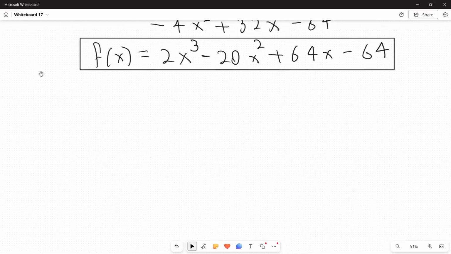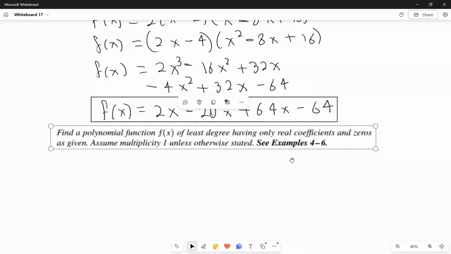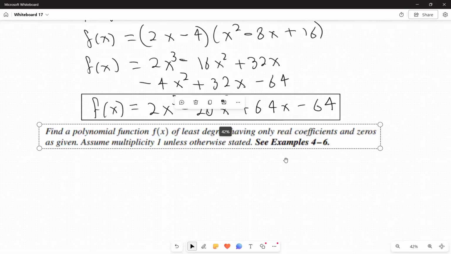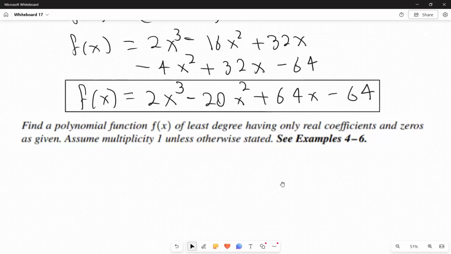So I'm copying the directions. We are going to find a polynomial function of least degree, having only real coefficients and zeros as given, assume multiplicity 1, unless otherwise stated. So if they don't tell you the multiplicity of the 0, it's safe to assume that the 0 has multiplicity 1.